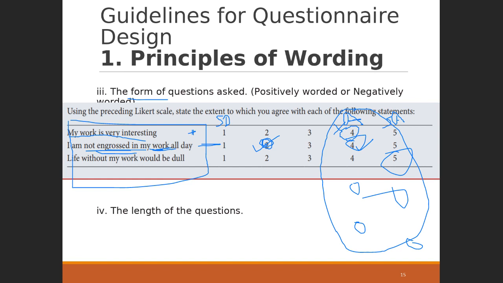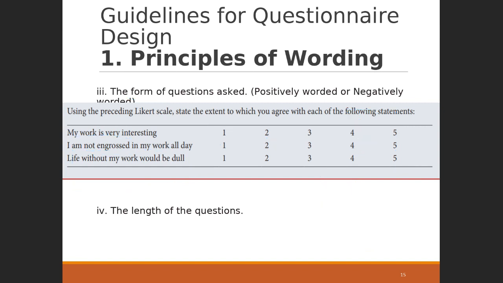Okay, so this is a very important thing, and I often receive questions that there are many questionnaires which are contradicting with each other. Like, for instance, one respondent has said that my work is very interesting, strongly agreed, but I'm not engrossed in my work all day, strongly agreed. A life without my work would be dull, strongly agreed.